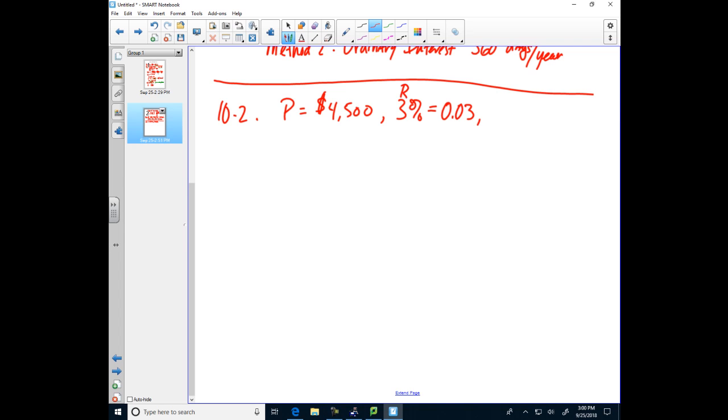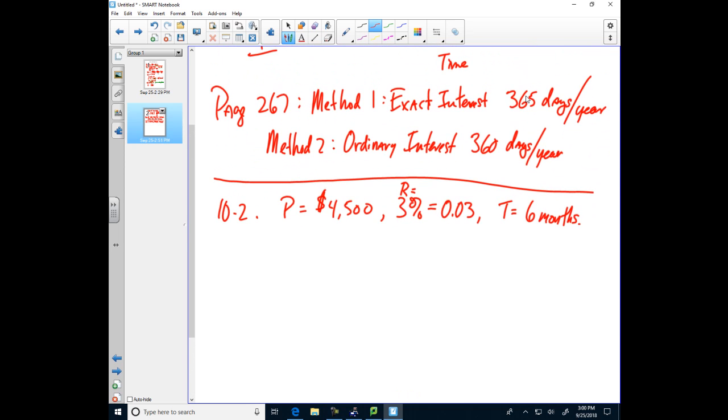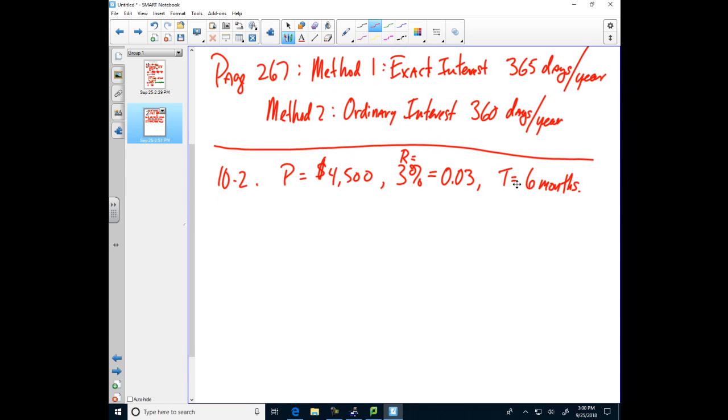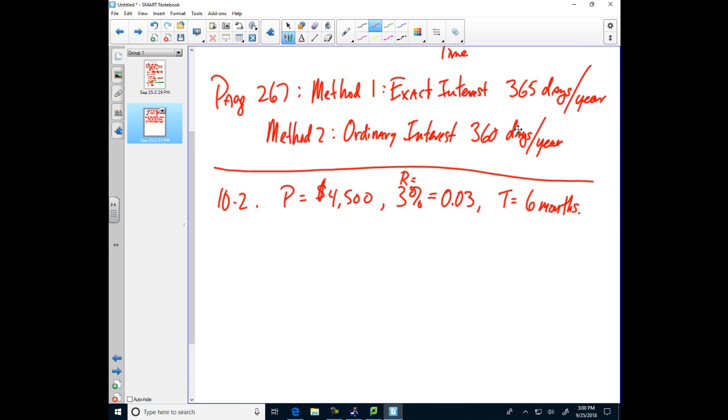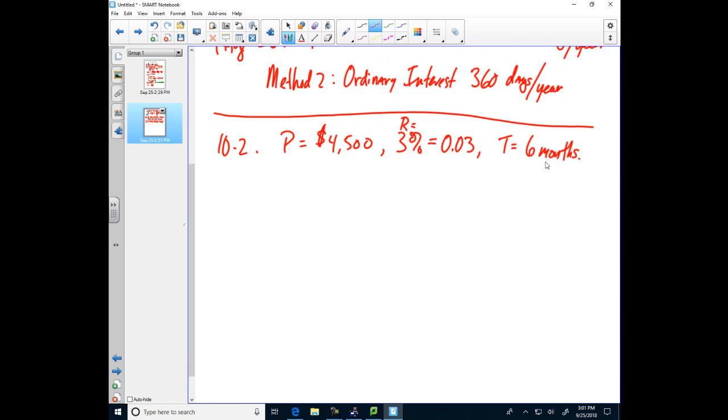By the way, that's R. T equals 6 months. Now, here's something you have to pay attention to. Up here I introduced the idea that with exact interest there are 365 days in a year, and with ordinary interest there are 360. If the time is given in months or years, you don't worry about that. You just make sure that you have the same units.